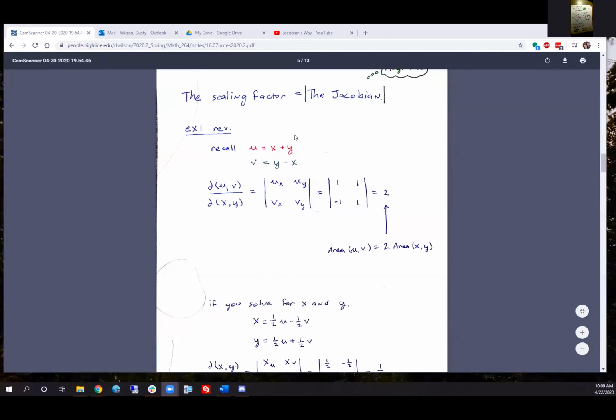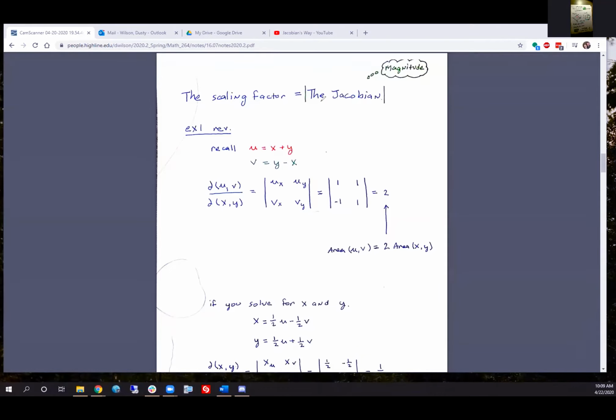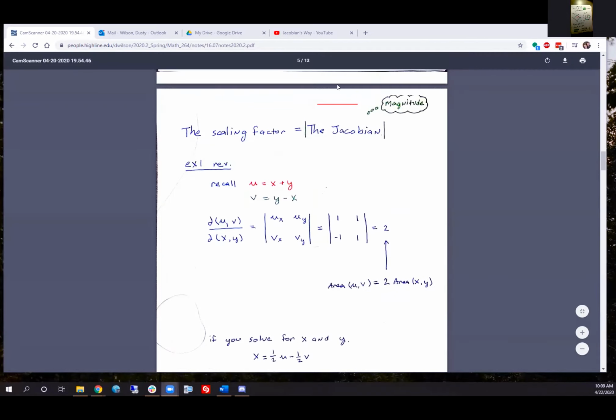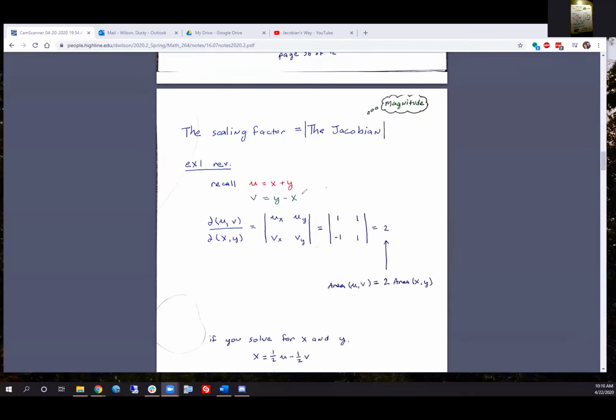So the scaling factor that we are interested in is this thing called the Jacobian. And specifically, it's the magnitude of the Jacobian, the absolute value of the Jacobian. So to find the Jacobian, we remember that our u is x plus y and our v is y minus x.